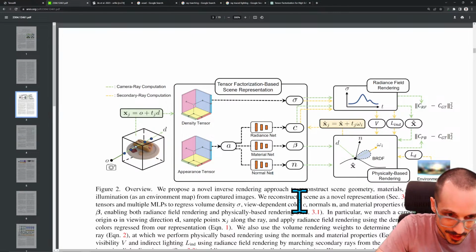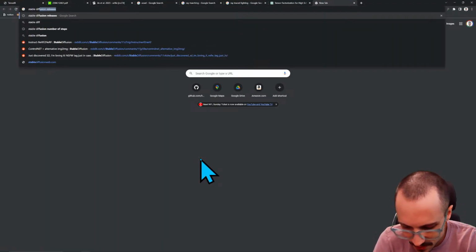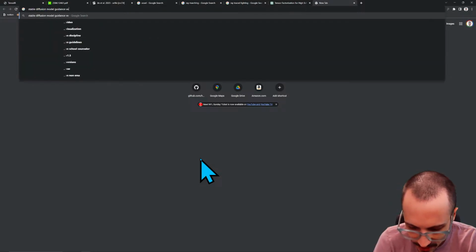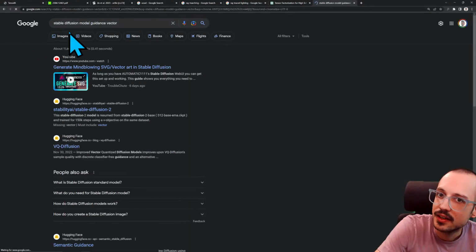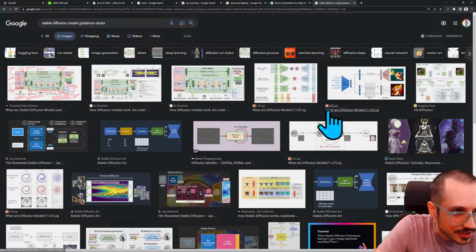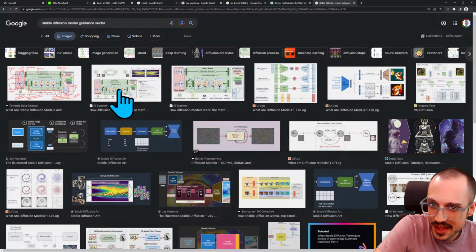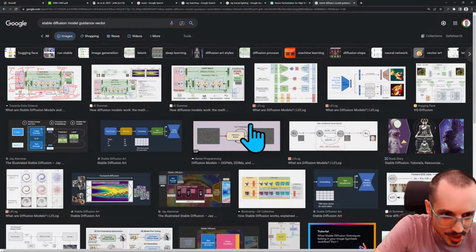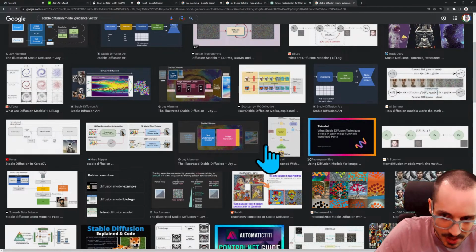And then here's the even crazier thing. What if you take this and condition the density tensor and the appearance tensor on a guidance weight? In Stable Diffusion, you're feeding a guidance vector that represents the thing that you want, like a cat, which is where you put the text in.